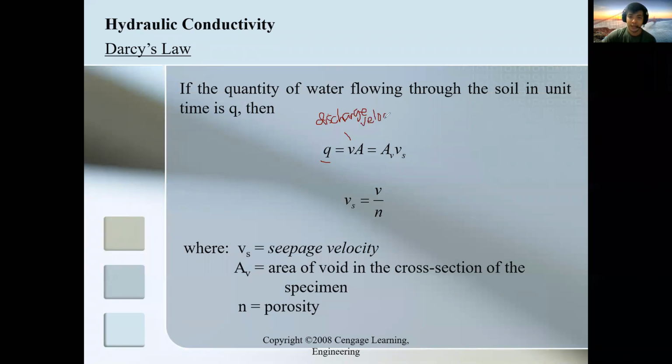And A is the area of your total specimen or soil specimen, the total area, including the void space.